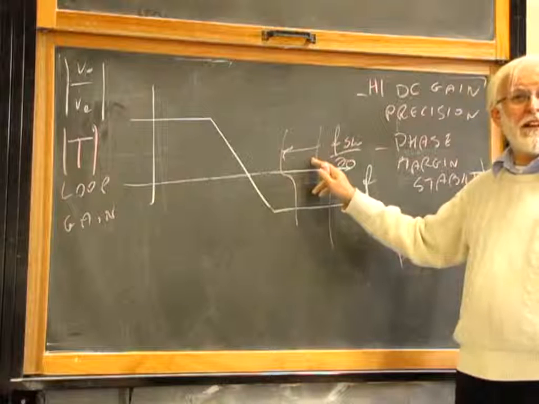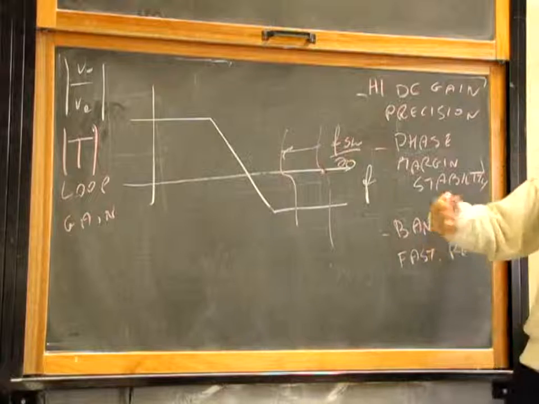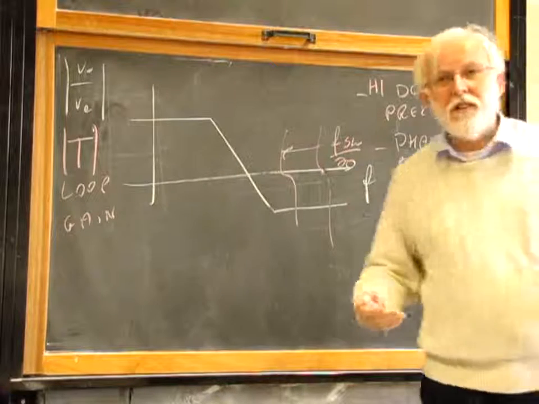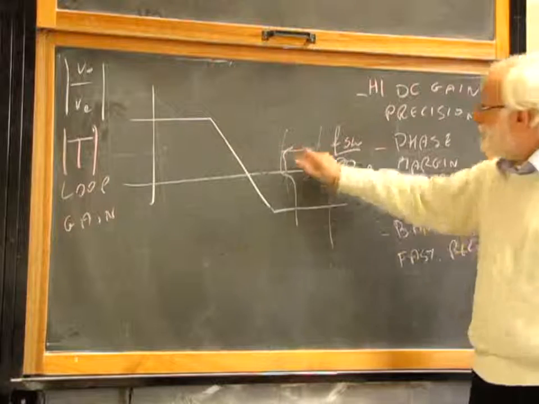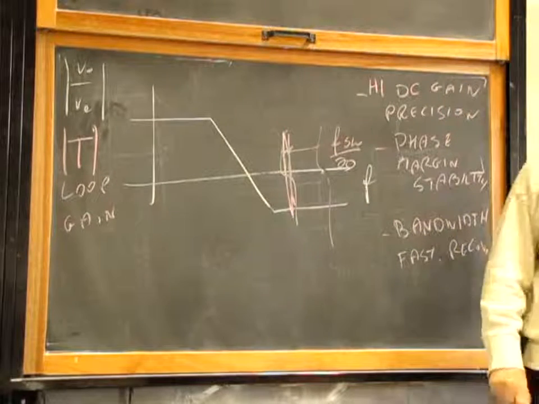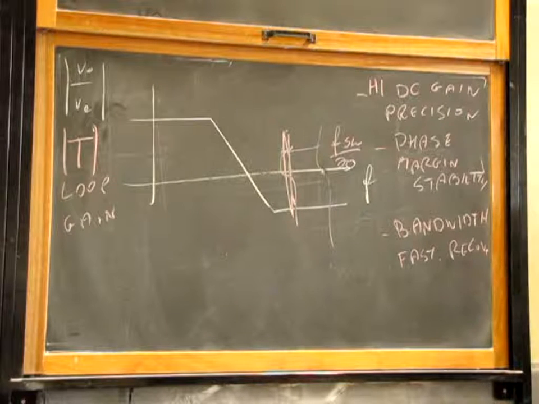We are getting closer and closer to a big, huge noise source, the switching frequency, so better to stay a little bit lower. This will be our barrier, the maximum frequency that we can reach during our normal working conditions.